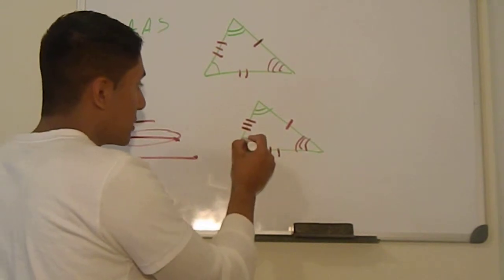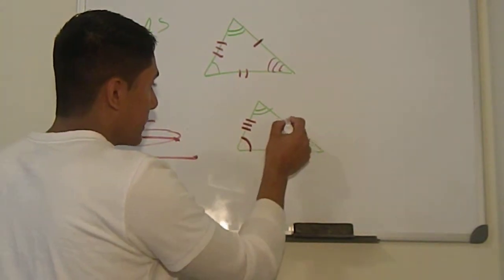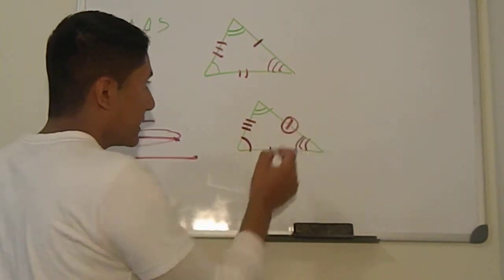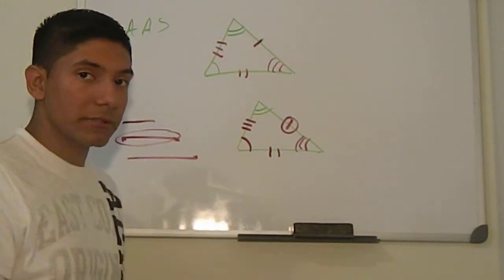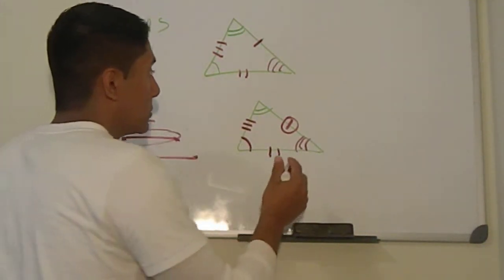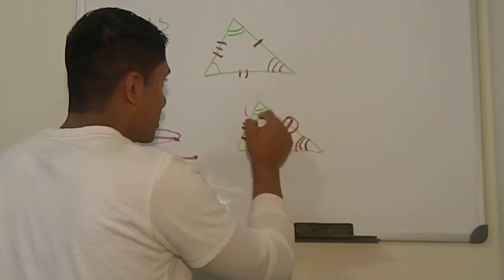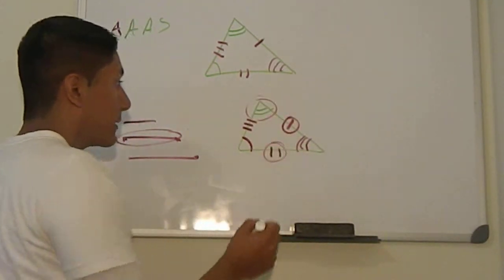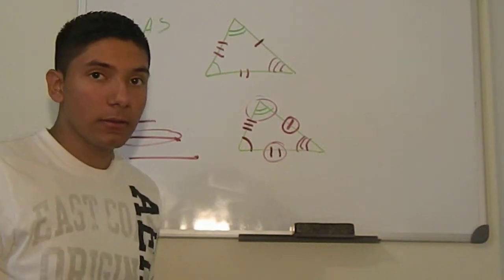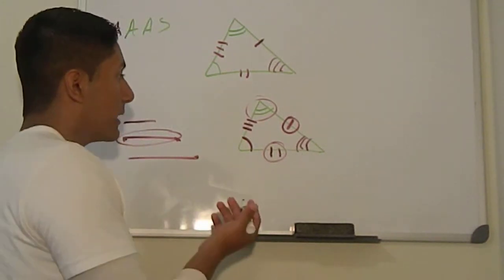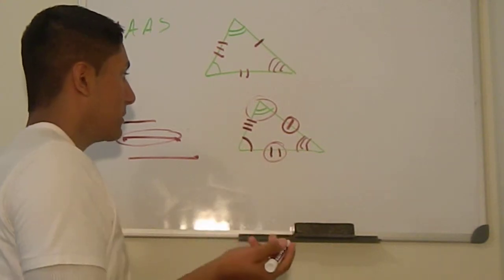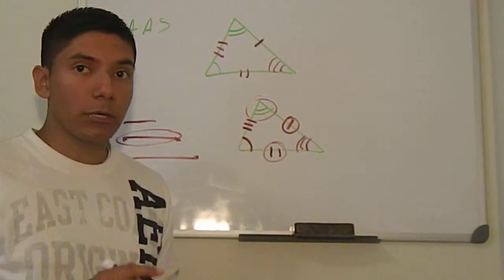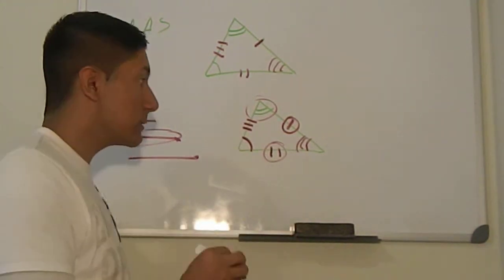So the relationship between this angle and this side is fixed. It cannot change. So that means that the relationship between this angle and this side is defined. And without actually calculating it or anything, we know for sure it has to.